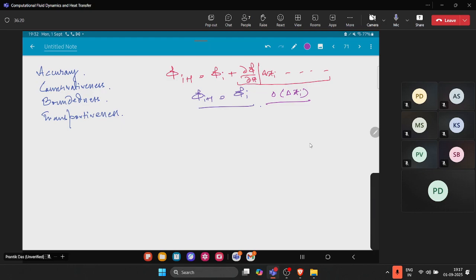There is another form of accuracy, which is how accurately your simulation results are able to replicate experimental measurements.